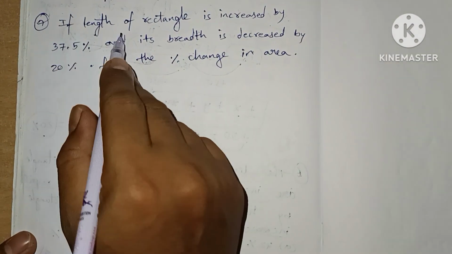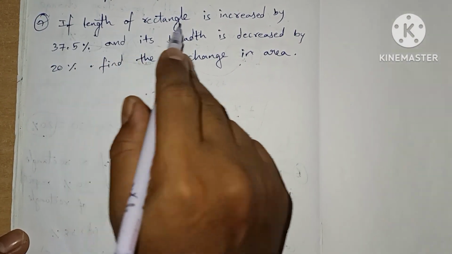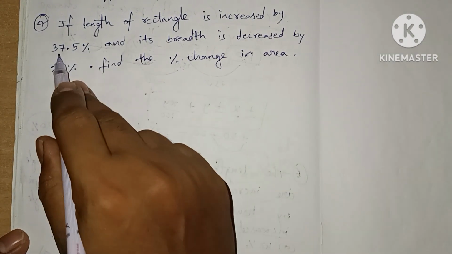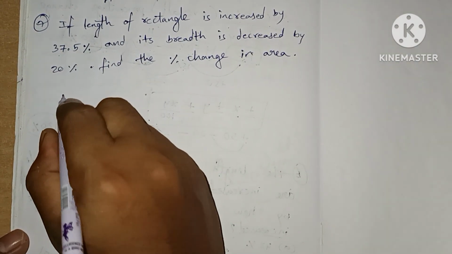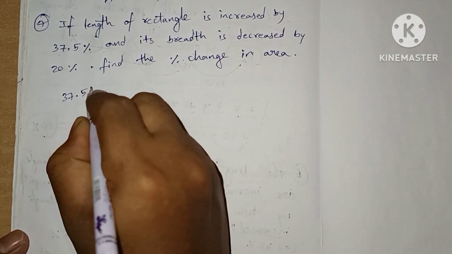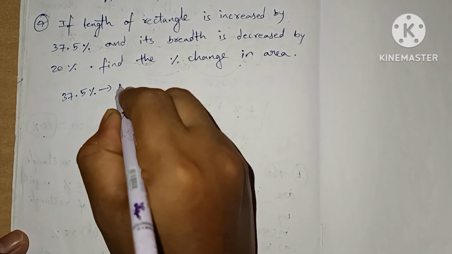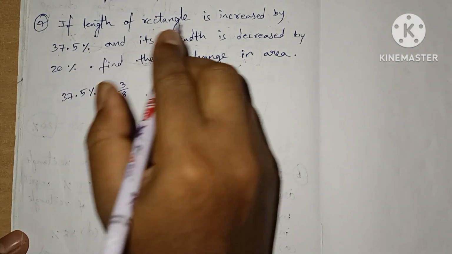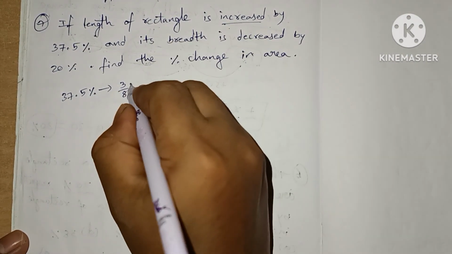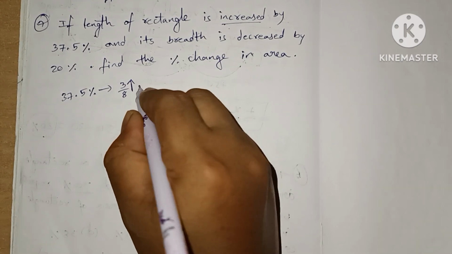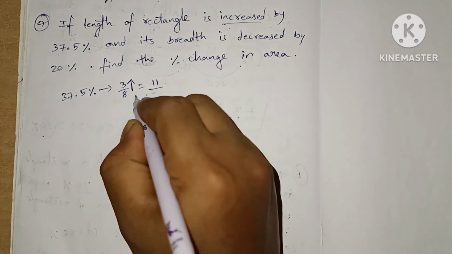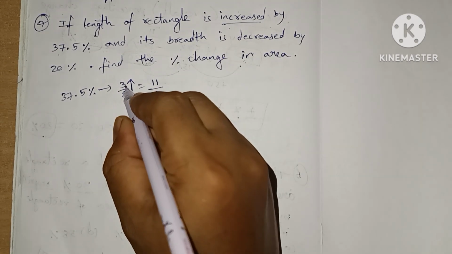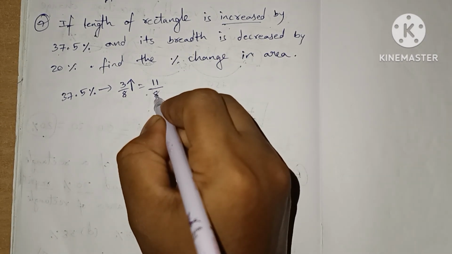Now we are going to see question number 7. If the length of the rectangle is increased by 37.5 percentage, I know the fraction value of 37.5 percentage is 3 by 8. It is said that it is increased, so adding 3 to 8, we get 11 by 8.